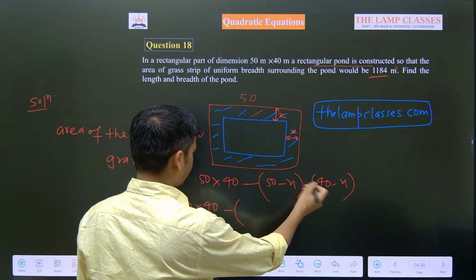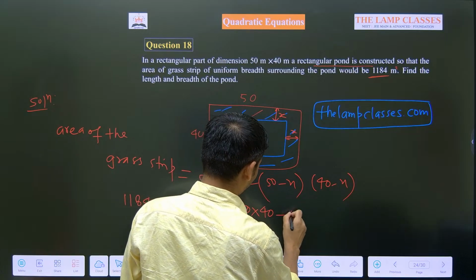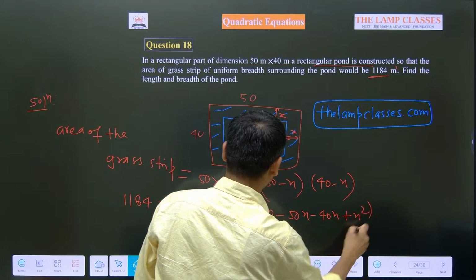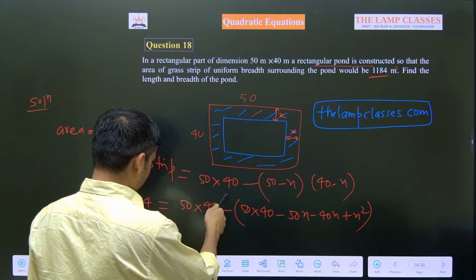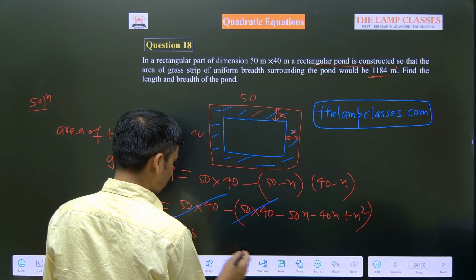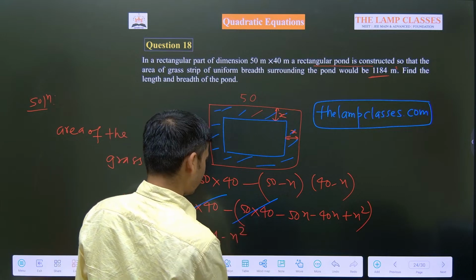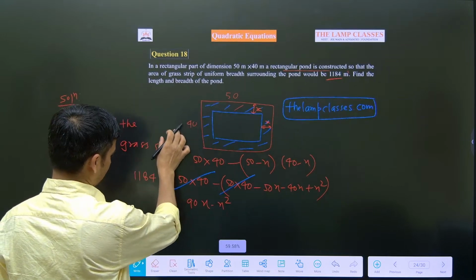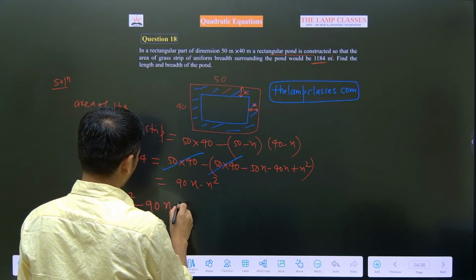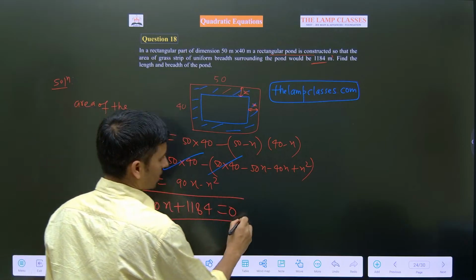Now multiply them. When you open the brackets, this gets cancelled. Now please solve this equation, guys. This is the final quadratic equation we are getting now.